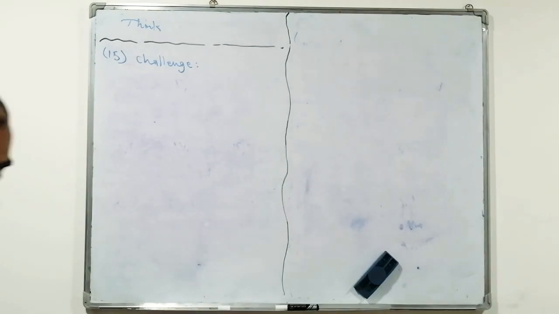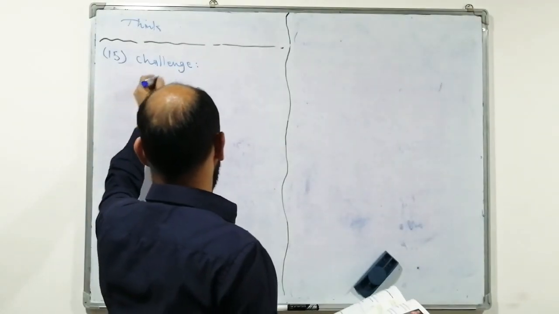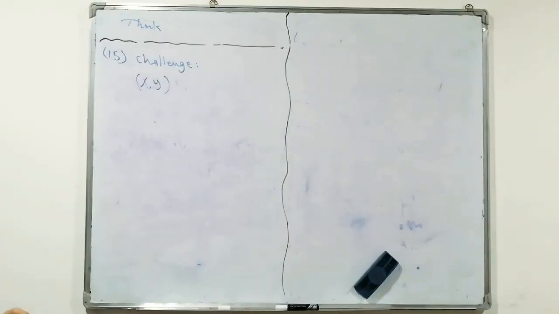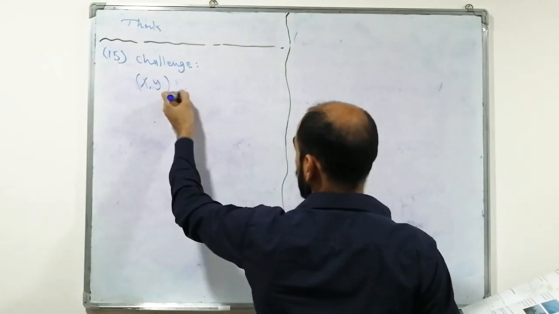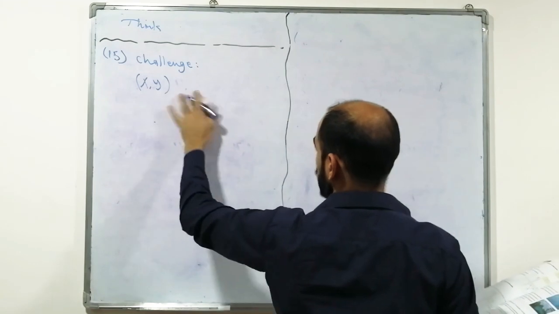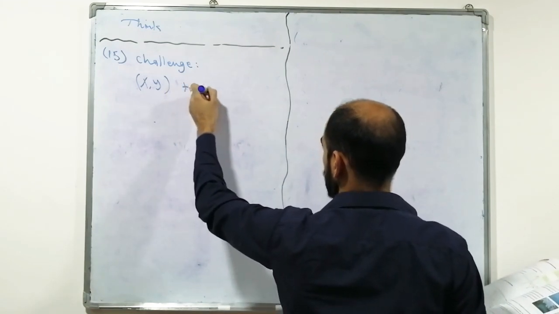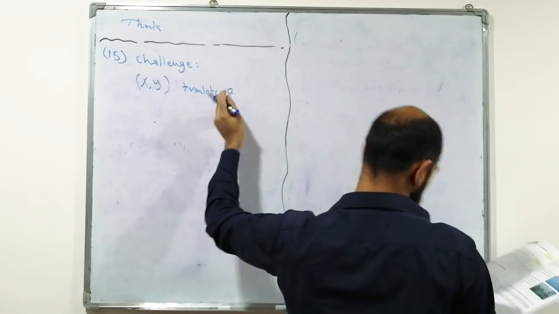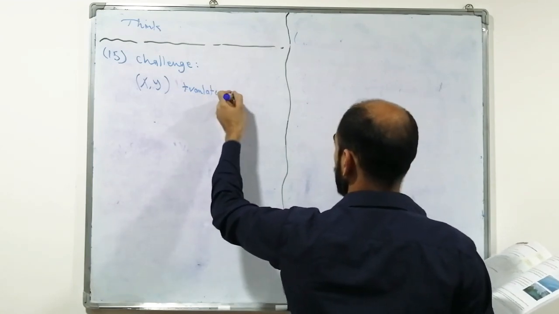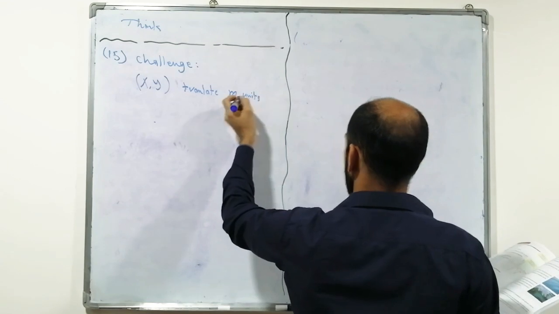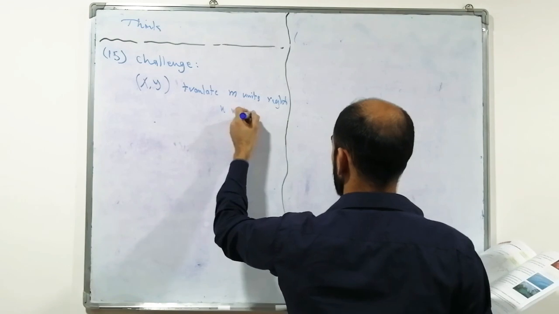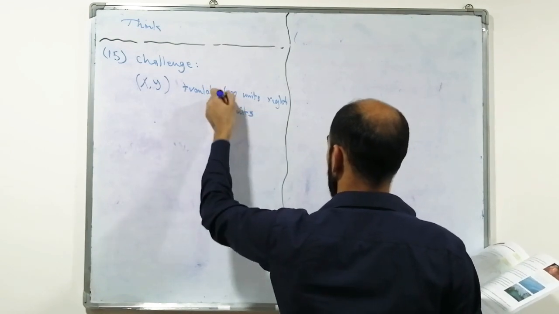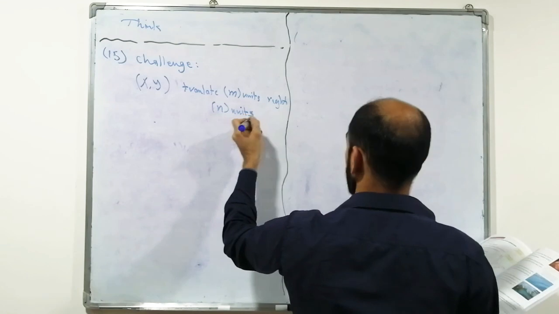What is the coordinate of the point? We have a point x, y. What is the coordinates of the point if translated by m units to the right and n units to the up, sorry.